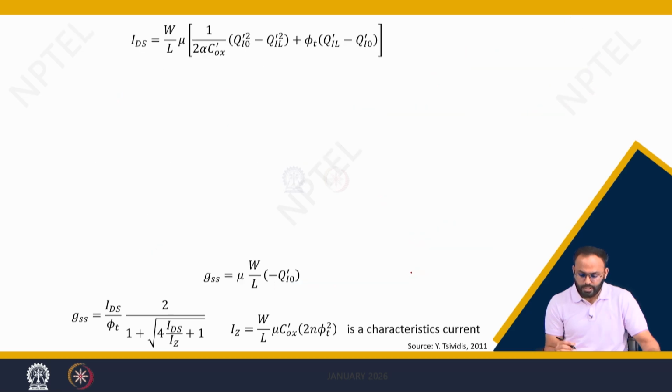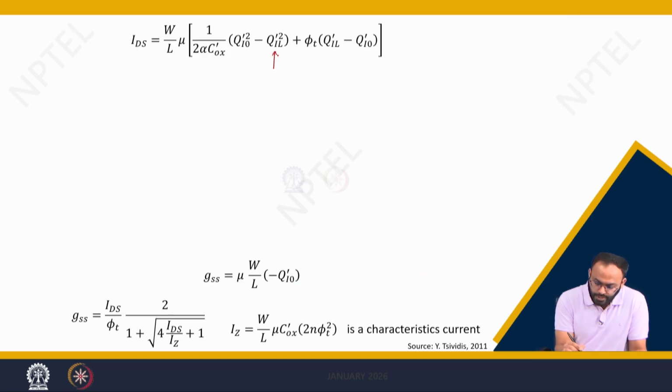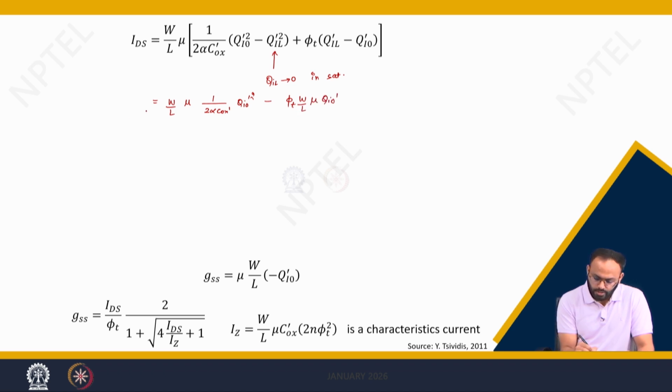Considering a saturation region of operation, we said that QIL will be 0 in saturation, right? So this equation can be rewritten as W by L into mu into 1 over 2 into alpha into COX dash QI 0 dash square, minus phi t into W by L into mu into QI dash 0, is equal to IDS.